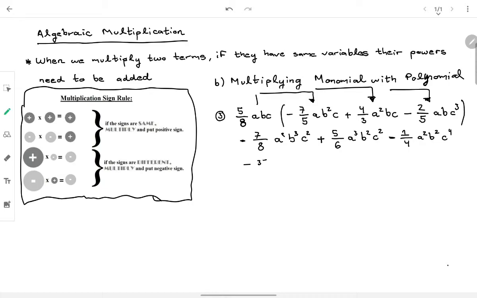Minus 35 over 40, a squared, b cubed, c squared, plus 20 over 24, a cubed, b squared, c squared, minus 10 over 40, a squared, b squared, c to the 4th.